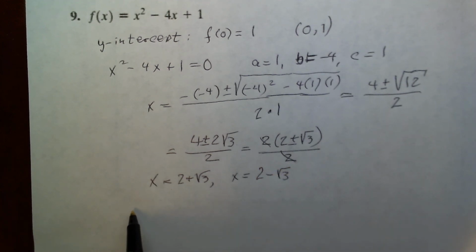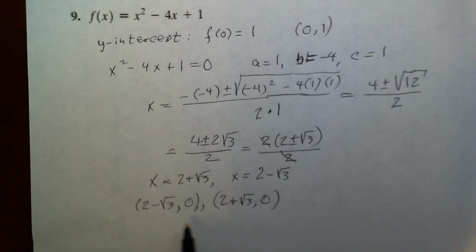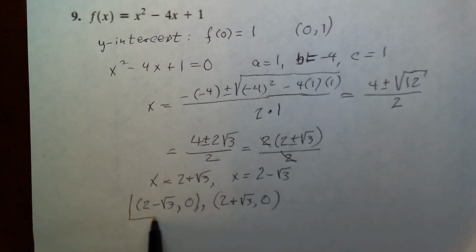So then the x-intercepts are 2 minus the square root of 3, comma 0, and 2 plus the square root of 3, comma 0. So these are the x-intercepts.